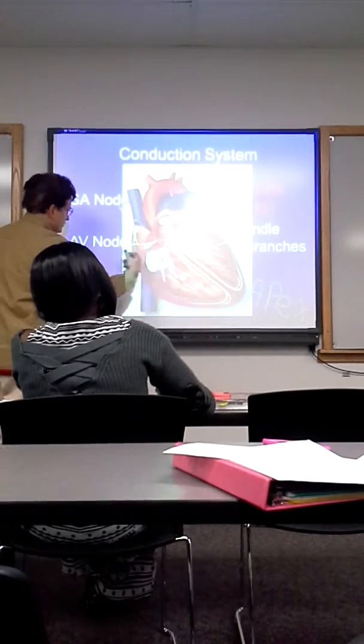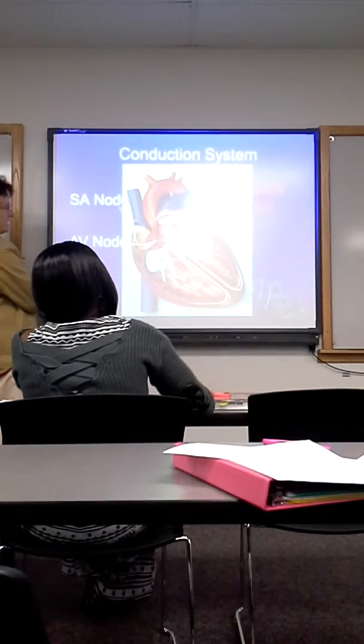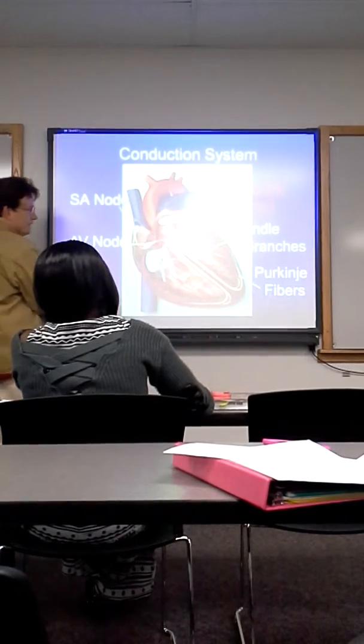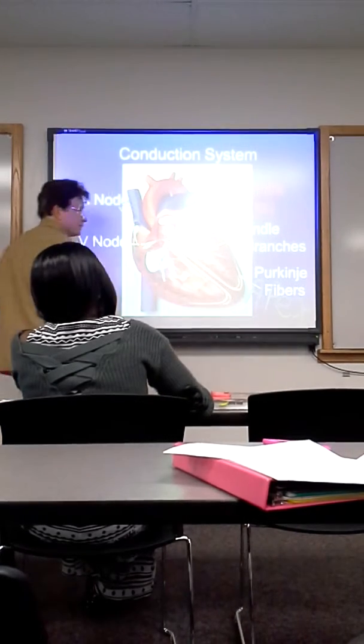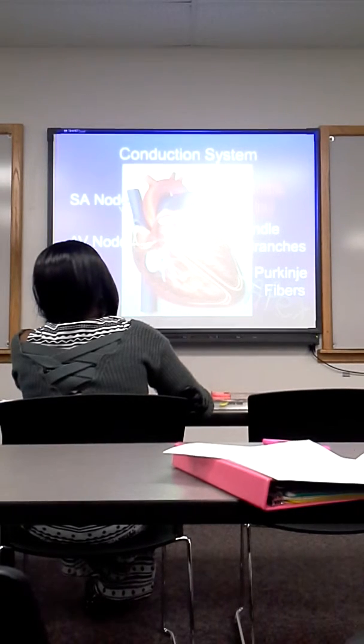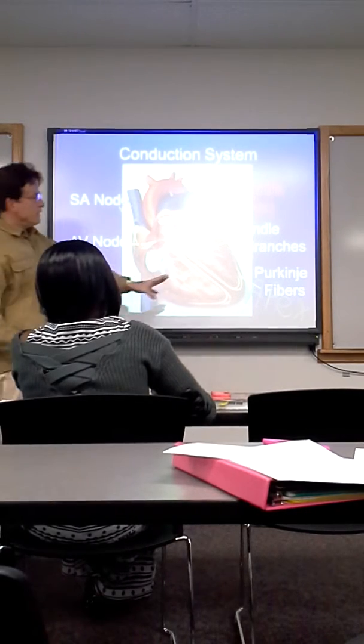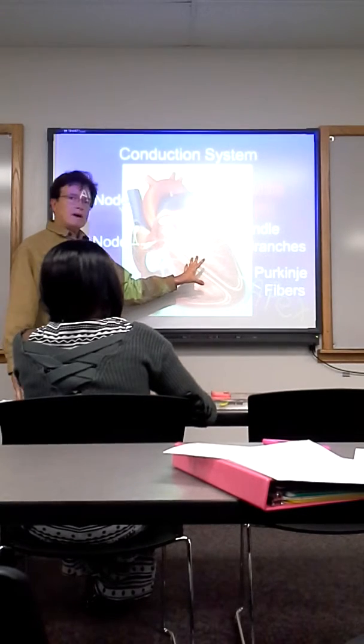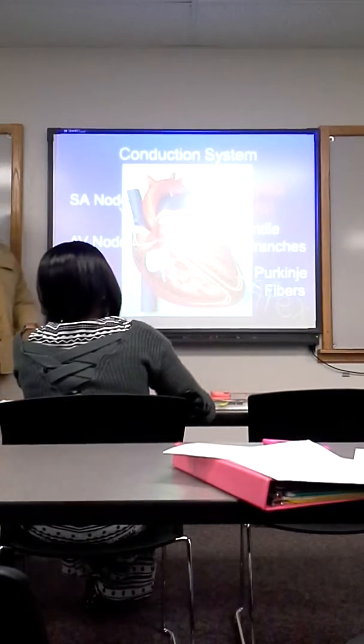Then the action potential is delivered to the ventricular myocardium by conducting cells called Purkinje fibers, named after Dr. Purkinje's wife. The Purkinje fibers then deliver the action potential to the ventricular myocardium, the muscle cells of the ventricles.